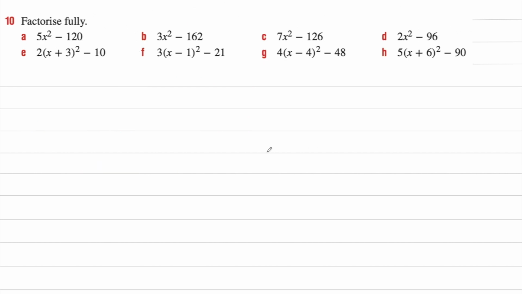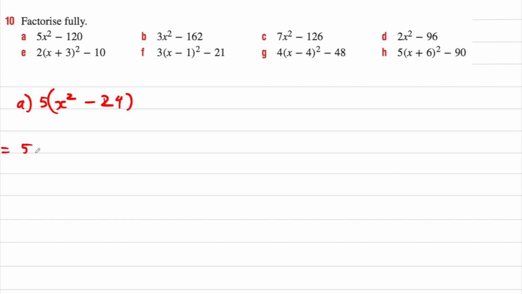About question 10, factorizing fully. I think I have to take the common factor first before applying the difference of squares or grouping. For question A, I can see 5 here and 5 here. Take 5 outside first. You get h squared minus 24.